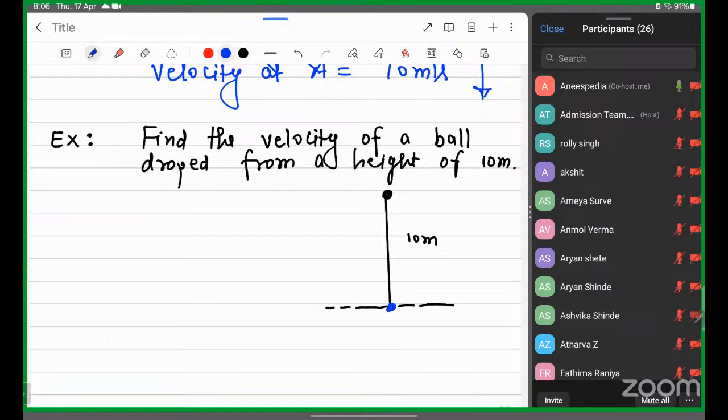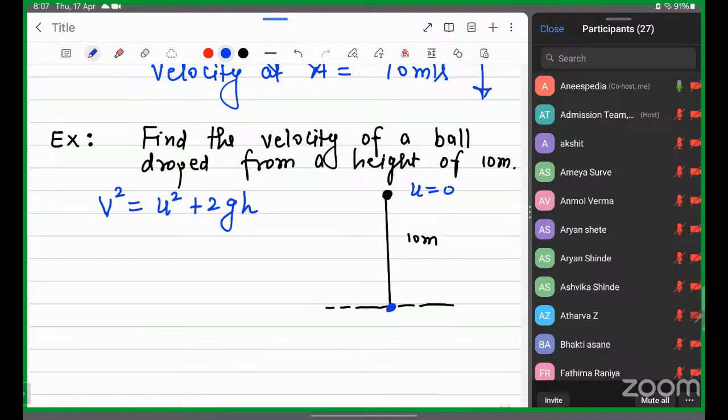So which equation can we use in it? We are given the height. So I think we can use v square equals u square plus 2gh, because the ball is dropped, the ball is not thrown. So initial velocity will be 0.